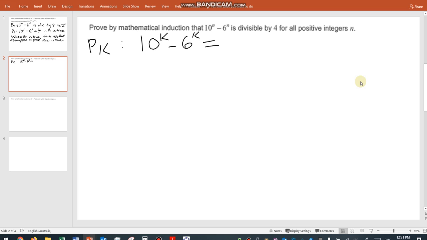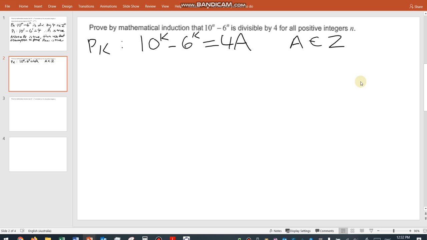So it's going to be an integer multiple of 4. So we can say that this is going to be equal to 4a. Now what is a? Well, we need to define that. a is just some integer. If this equals some integer times 4, then that's how we know it's divisible by 4.